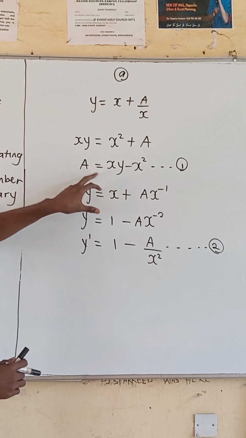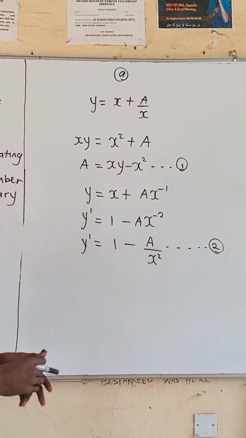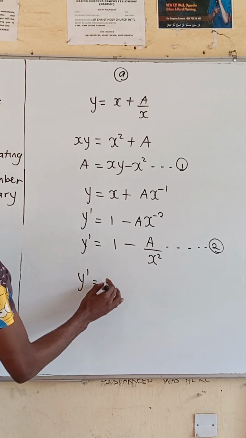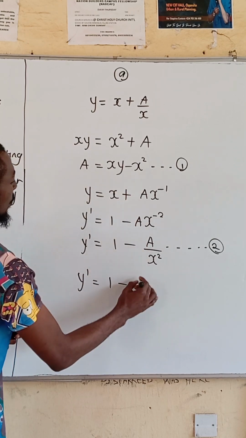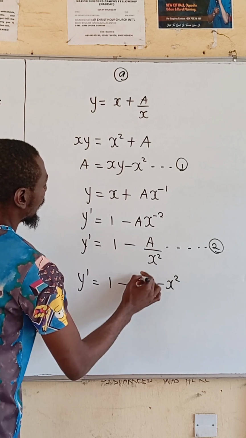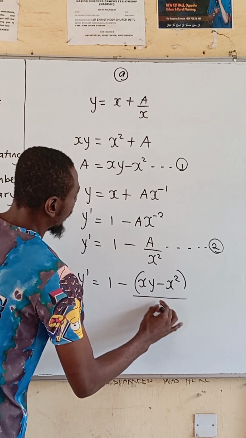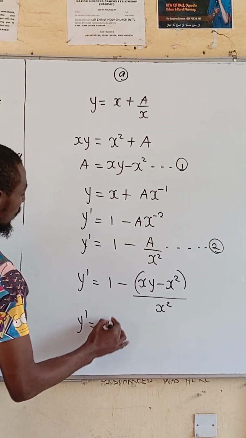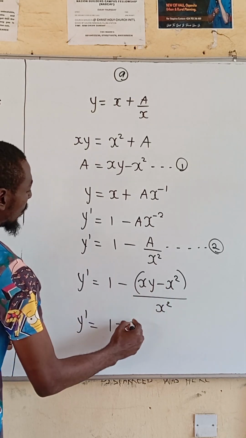So a already is xy minus x squared. So we're going to substitute it here so that we have y prime is equal to 1 minus a, which is xy minus x squared, that's the value of a, we substitute, all over x squared. So that we have y prime is equal to 1 minus, we factor x out since x is common.